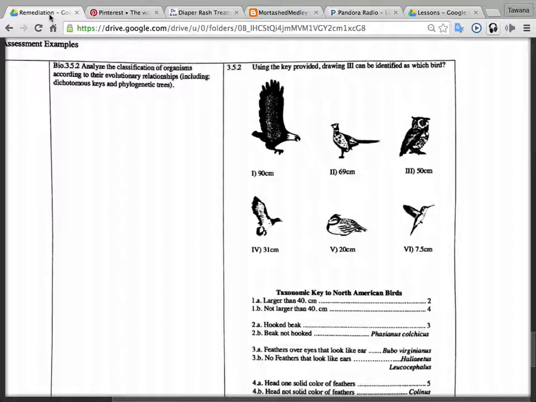3.5.1, how do organisms like Euglena, which are heterotrophic and autotrophic, change the classification system? Well, heterotrophic means what? It eats other organisms, so it's a consumer.